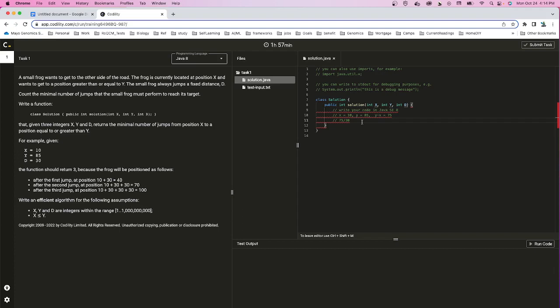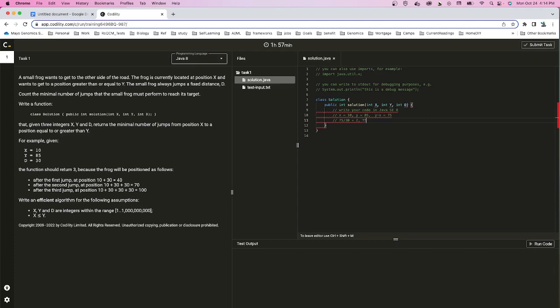Because it is an integer division, it's going to give us 2. And next we're going to look at the mod to see if 75, the overall distance, can be divided evenly by the jumping distance.